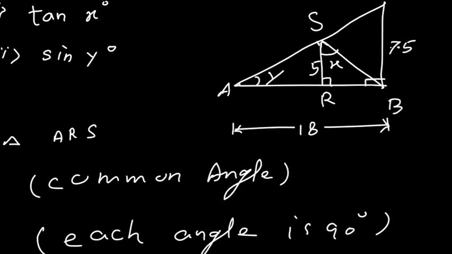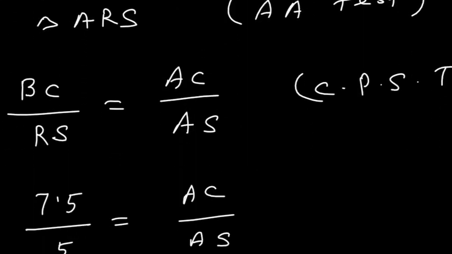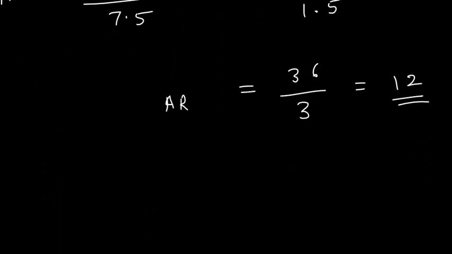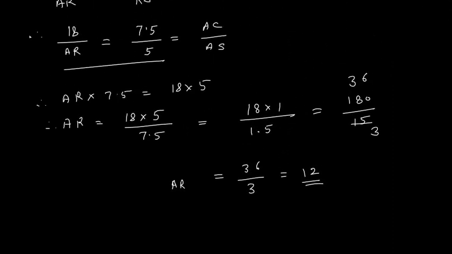Now that we have the value of AR, you can find the value of RB. AR plus RB, as you see in the diagram you have drawn in your notebook, will be equal to AB.